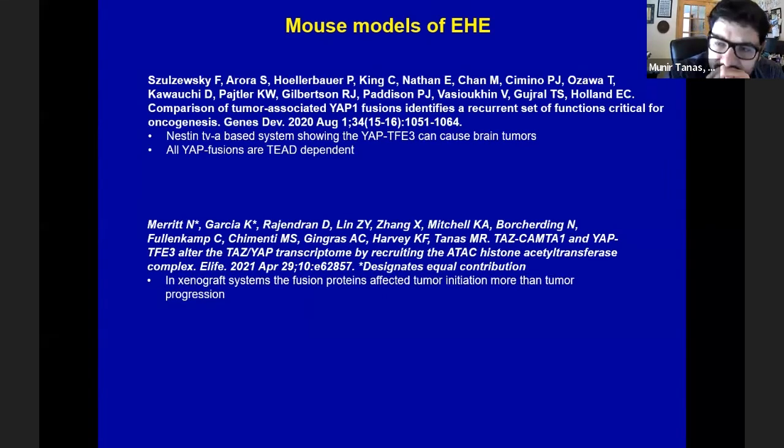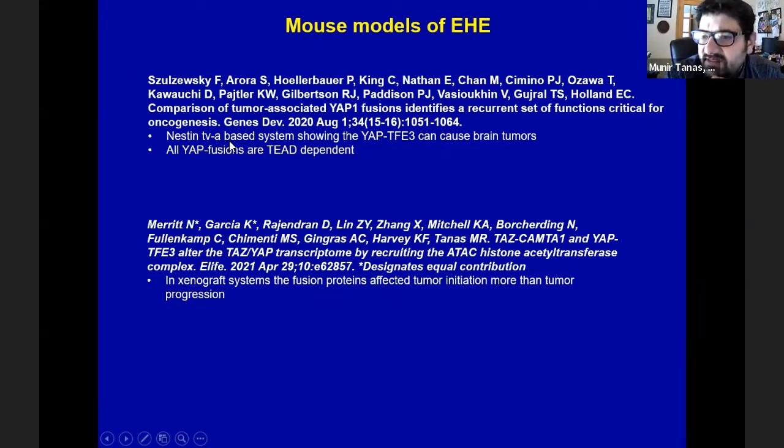And this was validated from another mouse-based paper from the Holland lab. We heard from Frank Szulzewsky yesterday. They used a Nestin-TVA-based system, which showed that a number of different YAP fusions functioned in essentially the same way, that they required binding to TEAD and drove a TEAD-based transcriptional program.